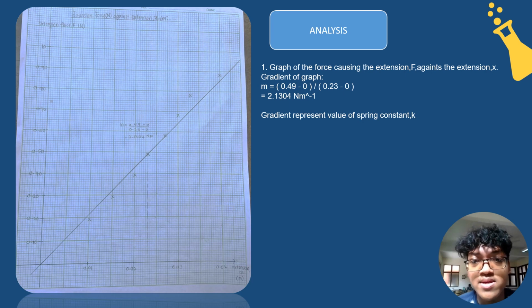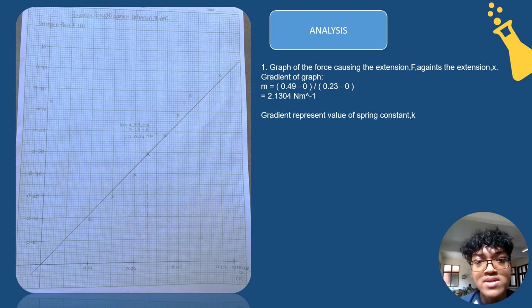Graph of the force causing the extension F against the extension X. This is the graph that we plot with the Y axis as extension force F and the X axis as extension X. The gradient of the graph m equals y2 minus y1 divided by x2 minus x1, which is 0.49 minus 0 divided by 0.23 minus 0, equals 2.1304 Newton meter power of -1.